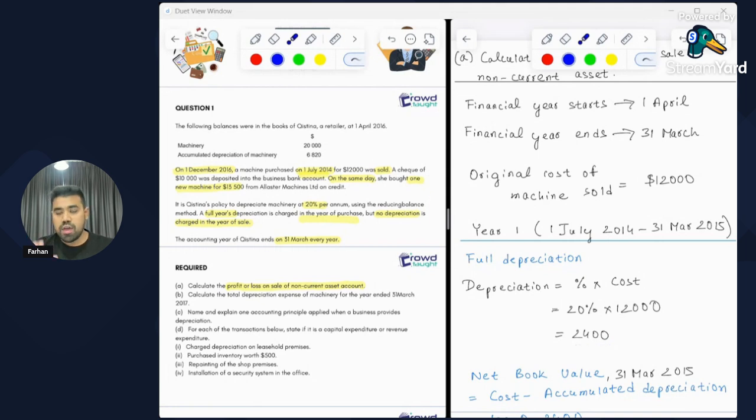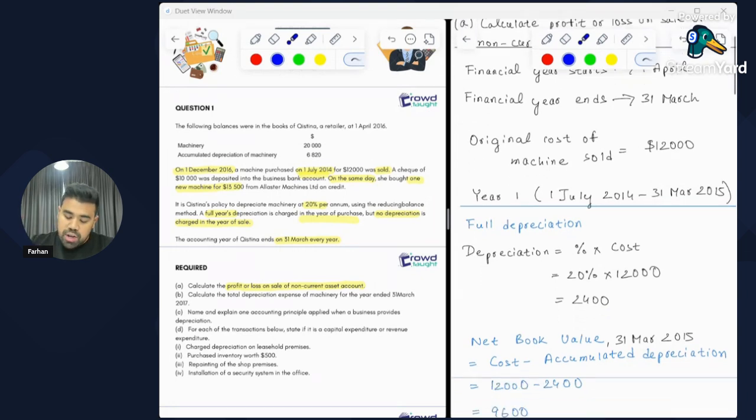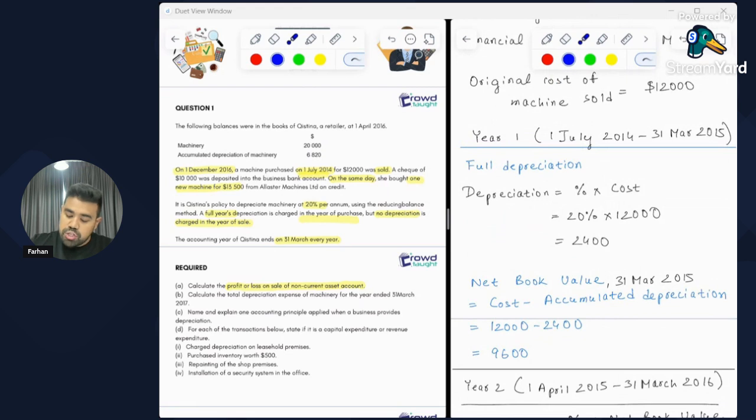Now always remember to calculate the net book value at the end of the year, every time you're using the reducing balance method. Now the net book value at 31 March 2015, which is the end of the first year, is calculated as the difference between the cost and the accumulated depreciation, or the total depreciation at this point in time, which is 31 March 2015.